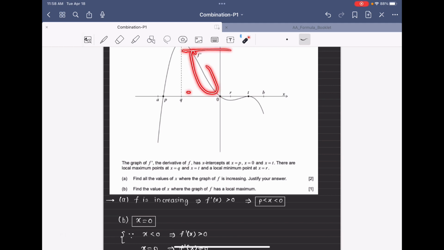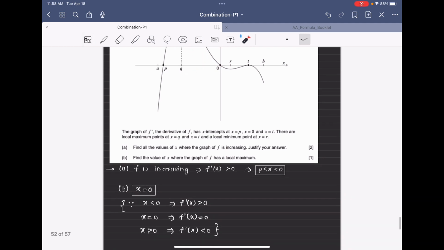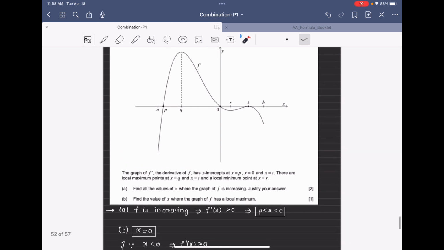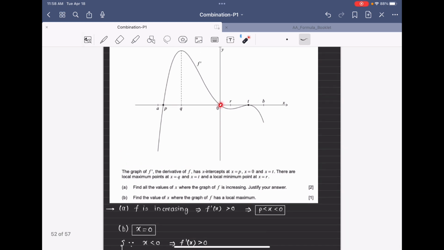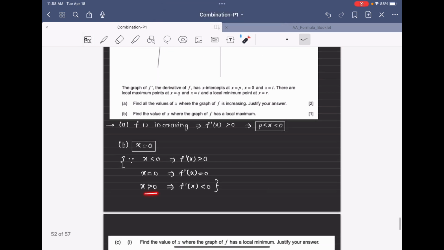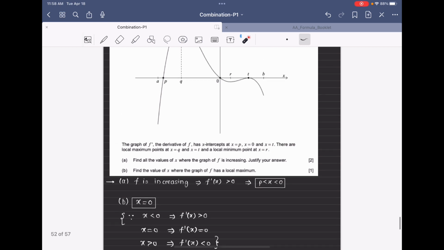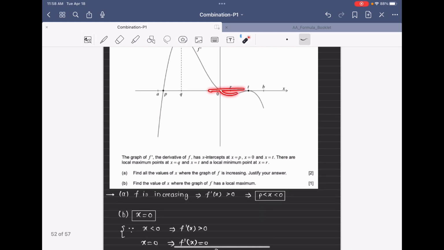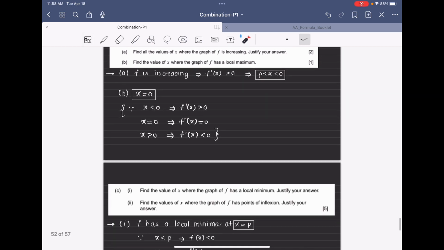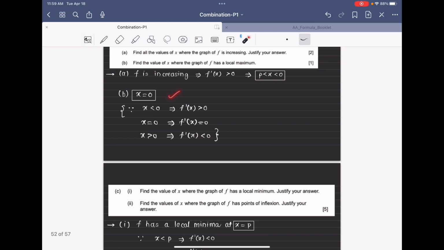That means above the x-axis. At x is equal to 0, f dash x is equal to 0 because it is on the x-axis. And after x is greater than 0, f dash x is negative because it is below the x-axis. So the answer is x is equal to 0.